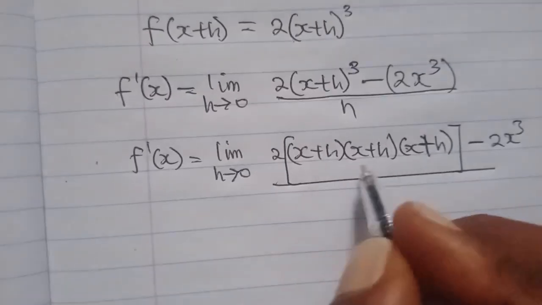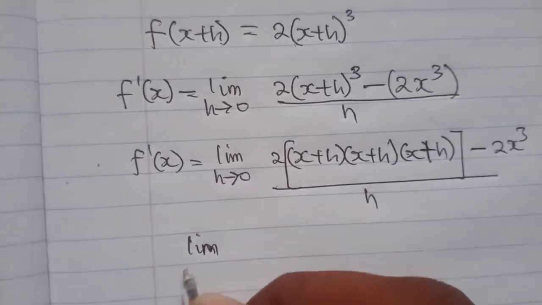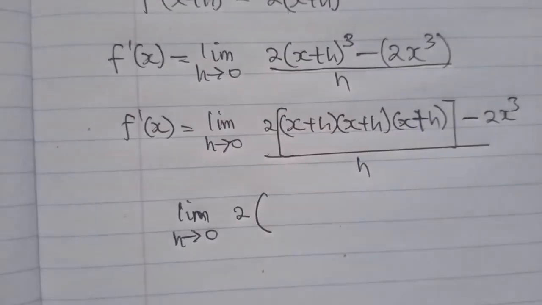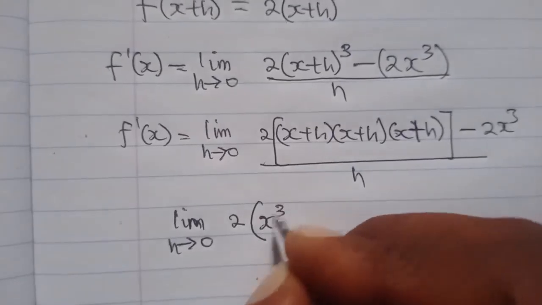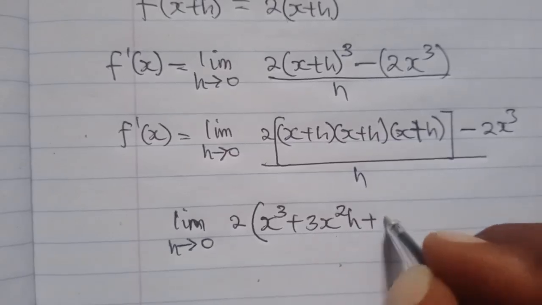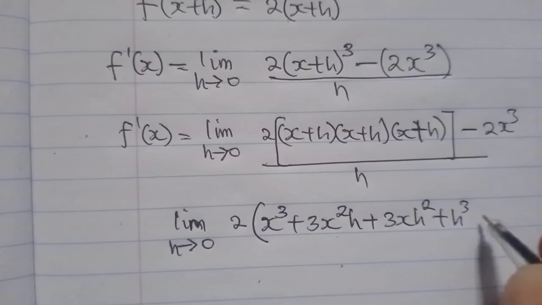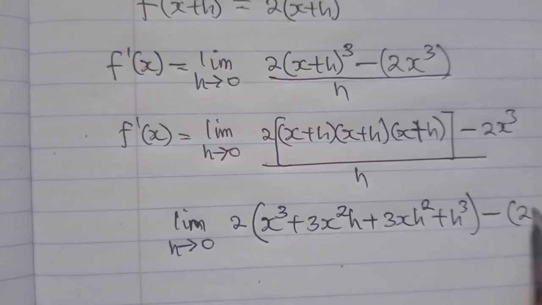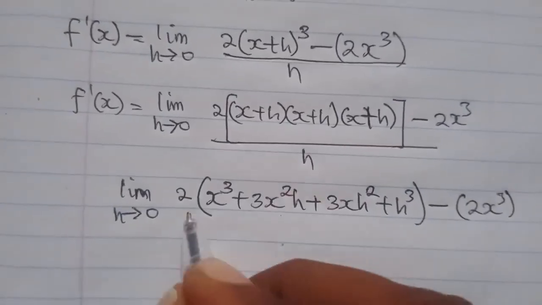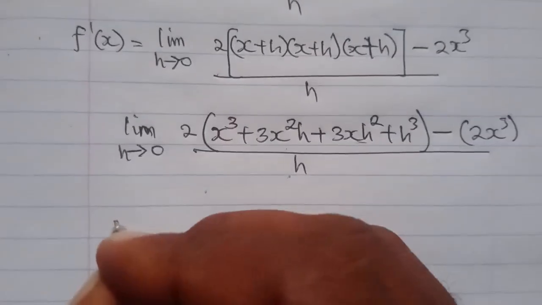Then if we open this up, we have the limit as h tends to 0 of 2 into x^3 plus 3x^2 h plus 3xh squared plus h cubed, then minus 2x^3, all over h.